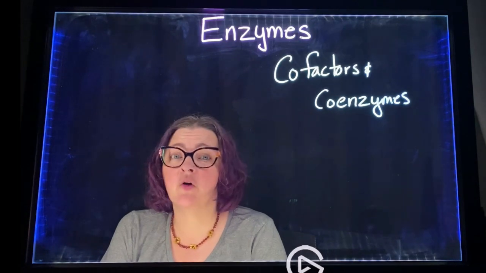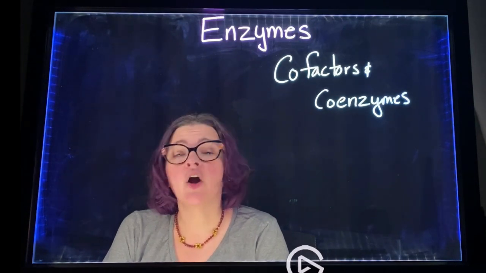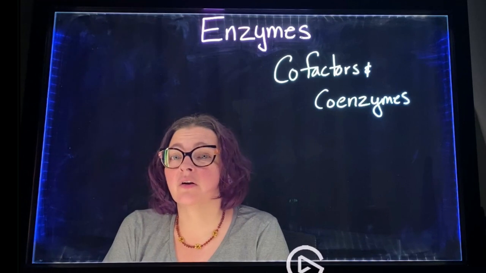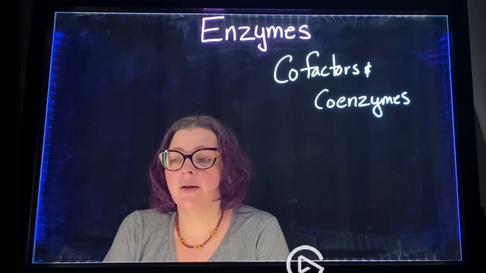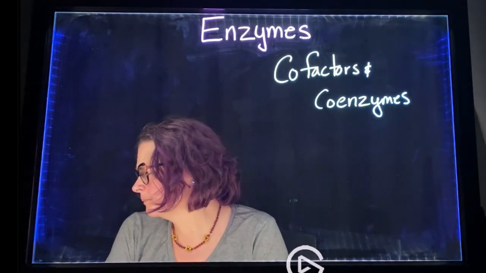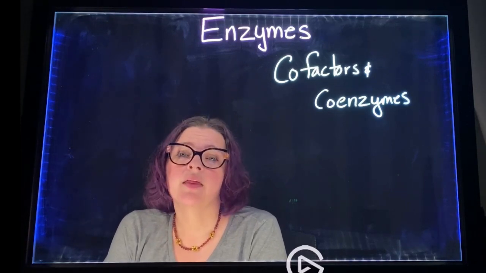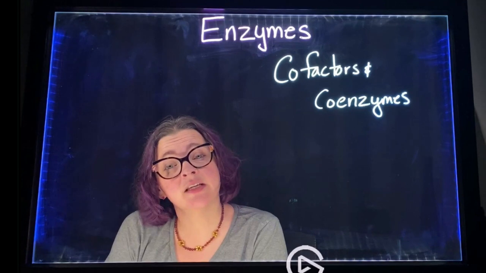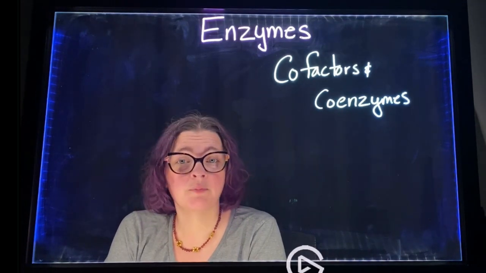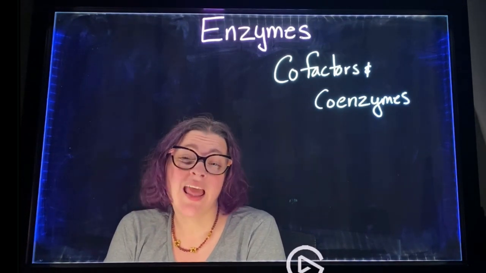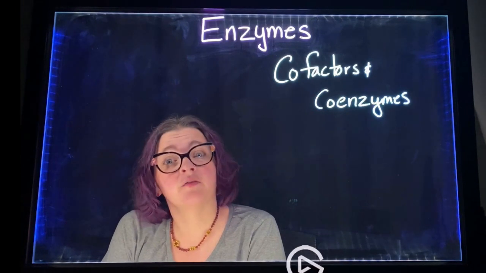Cofactors tend to be your minerals, and coenzymes tend to be organic molecules that attach to the active site along with the substrate to help it function. These are often things like your vitamins.